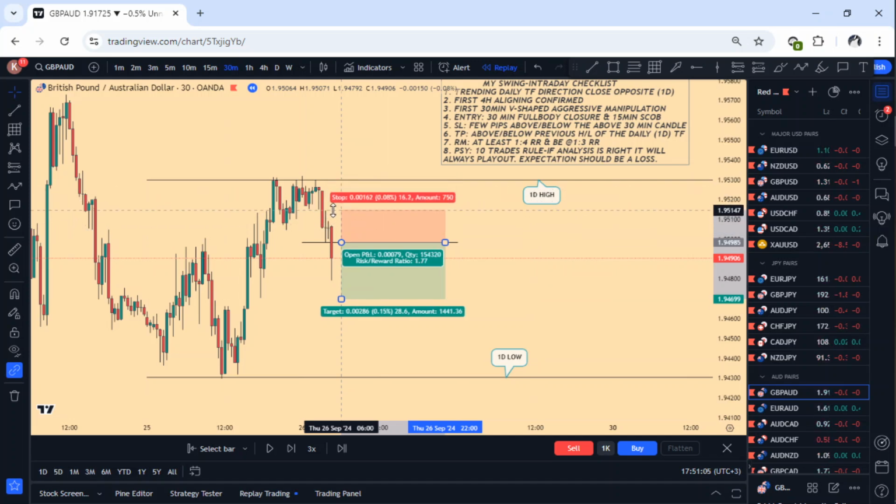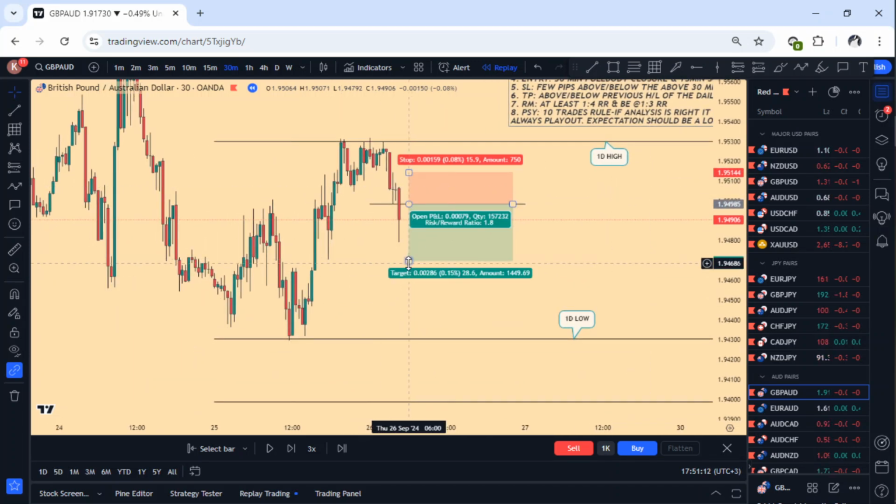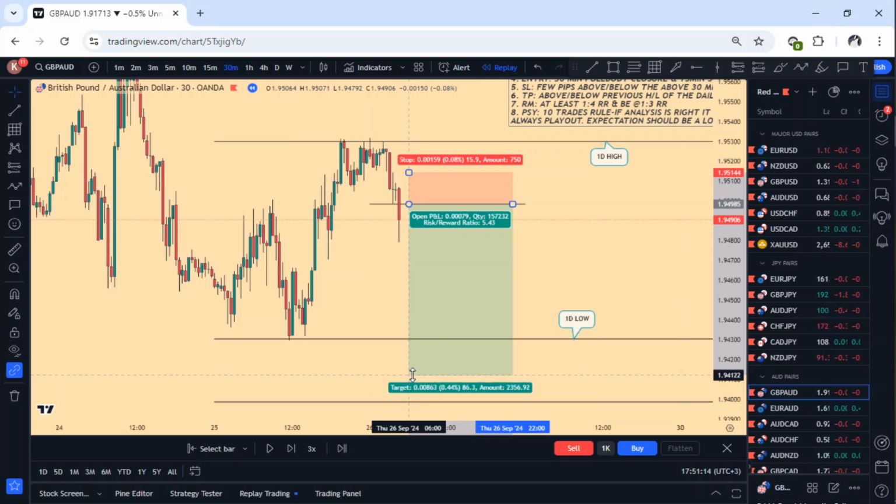So this would be a stop loss of, let's say, 15 pips. So this is the right stop loss, 16 pips, and then you target a 1 to 5 or 1 to 6.